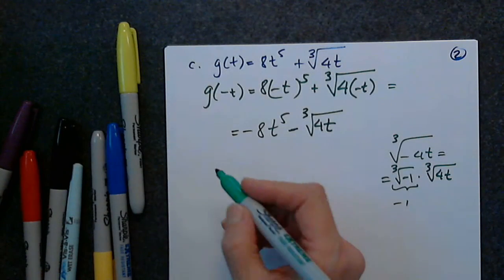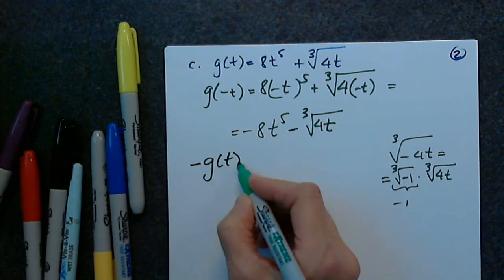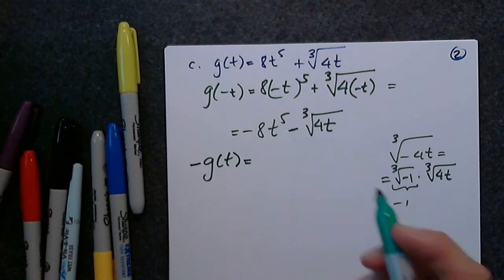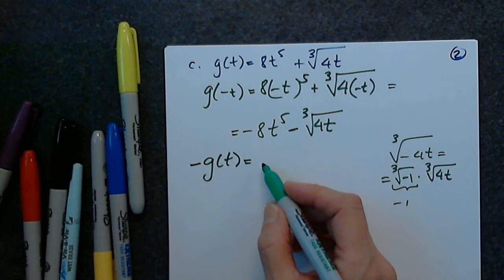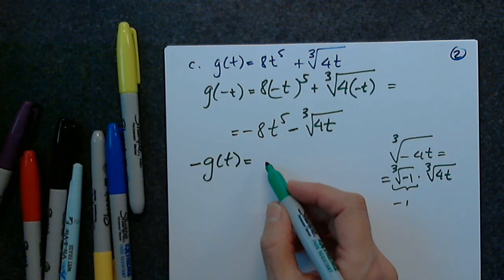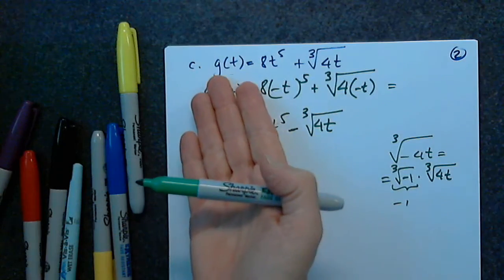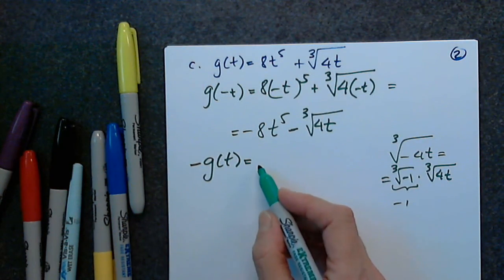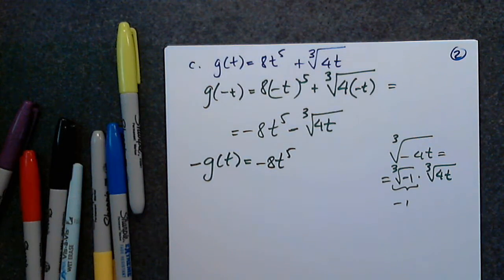Before we compare, let's also determine negative g of t. Can anyone give us negative g of t? I'm multiplying both sides of the equation by negative 1. Very good, negative 8t to the 5th.